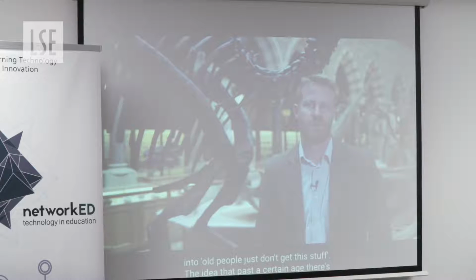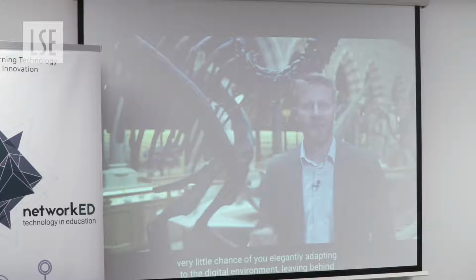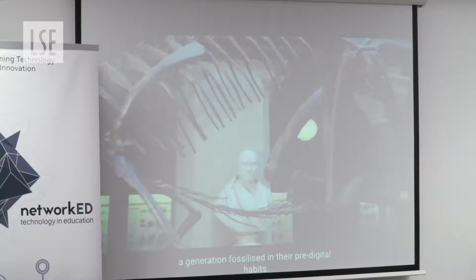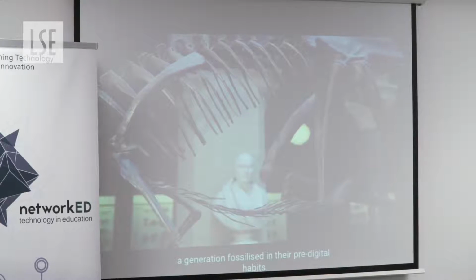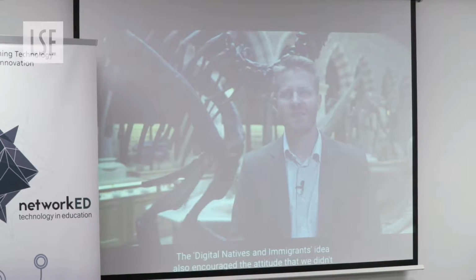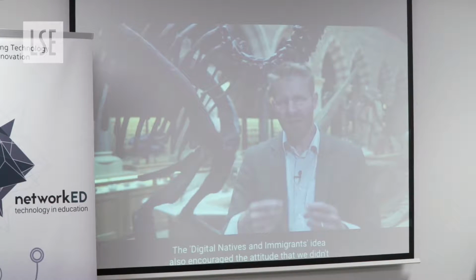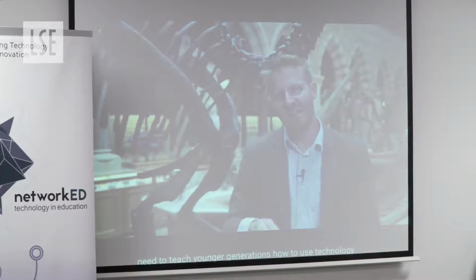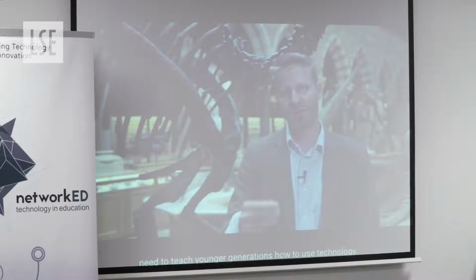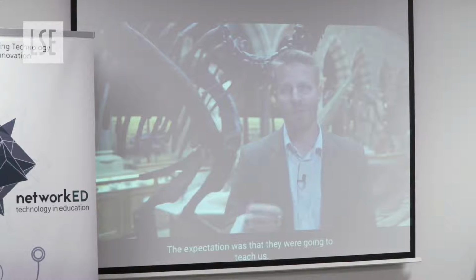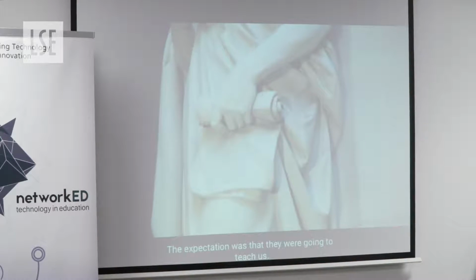get this stuff. The idea that past a certain age, there's very little chance of you elegantly adapting to the digital environment, leaving behind a generation fossilized in their pre-digital habits. The digital natives and immigrants idea also encouraged the attitude that we didn't need to teach younger generations how to use technology. The expectation was that they were going to teach us.